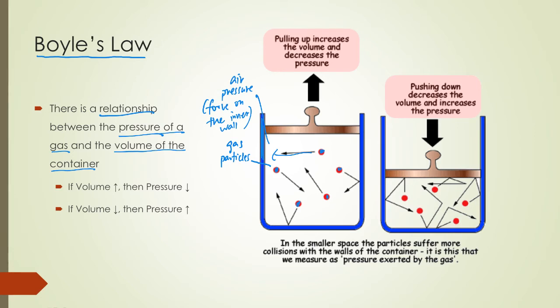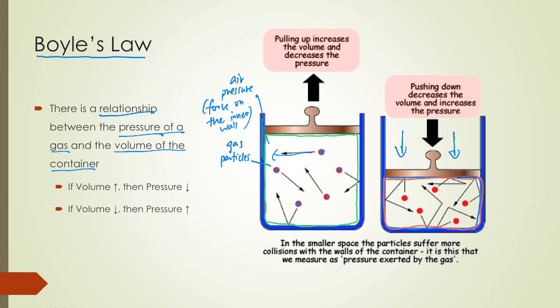Imagine if I reduce the volume of the container. Originally, they can move in a much larger area, the one in green, a much larger volume. But right now, they can only move in the region in the red one.